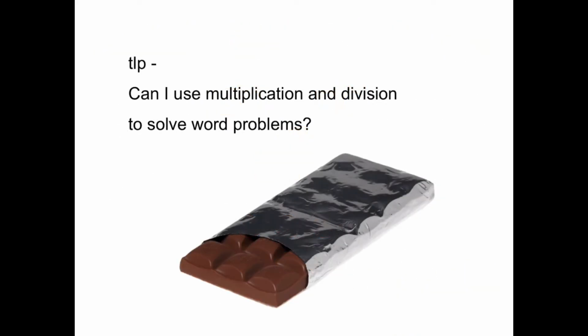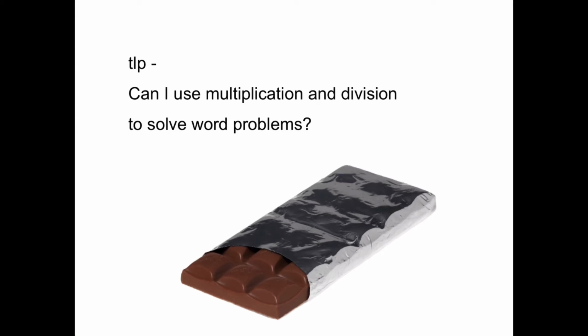Our TLP for today is, can I use multiplication and division to solve word problems? We'll be going back to that bar of chocolate that we looked at when we were doing arrays. So there's another picture of a bar of chocolate here. And you can use multiplication to work out how many pieces there are all together. You can see there are 1, 2, 3 there.